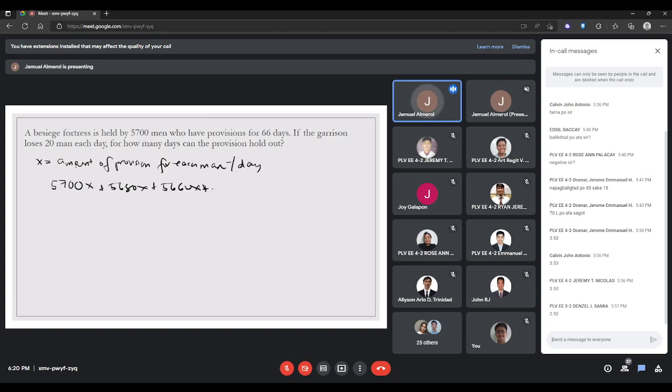So parang ganito ang mangyayari. 5,700 plus n minus 1, okay, times parang negative 20x.